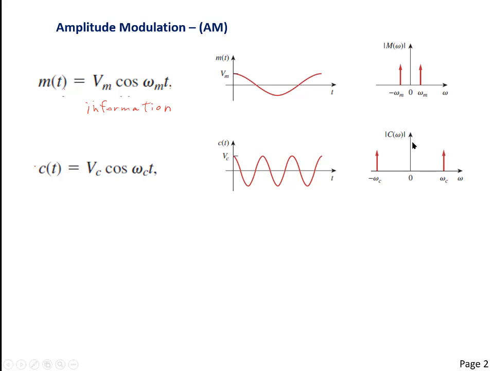And when I plot the frequency spectrum of that, I end up with magnitude vectors that are further out. In other words, they're at a higher frequency, okay? And the goal of amplitude modulation is to use this signal to modulate this amplitude.